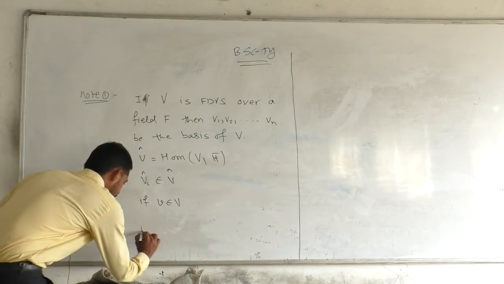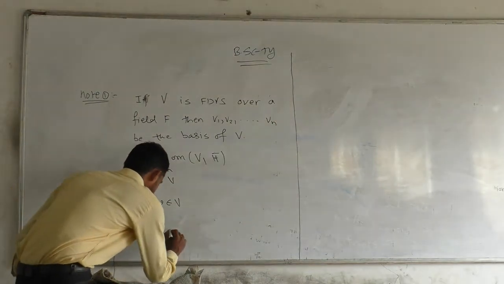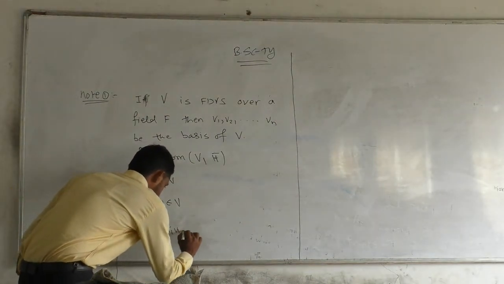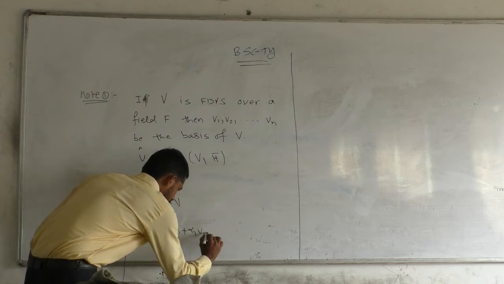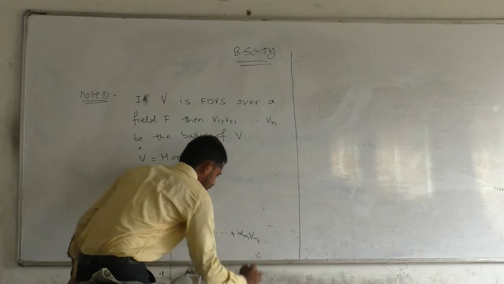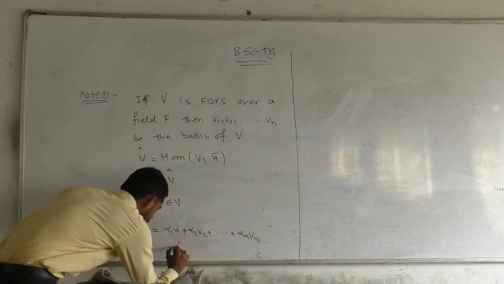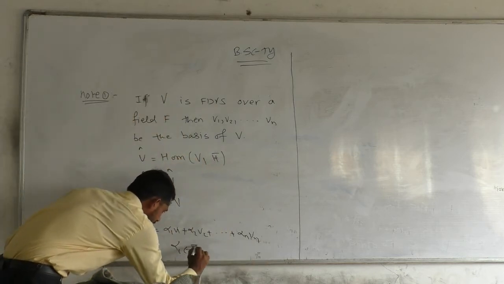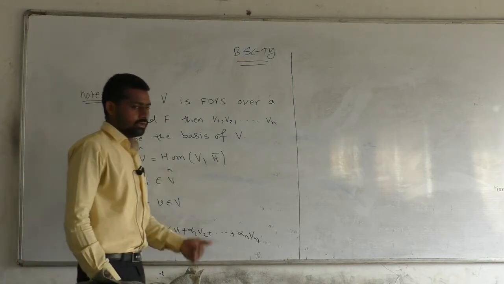So v can be written as alpha 1 v1 plus alpha 2 v2 plus ... plus alpha n vn, where alpha i belongs to the field F.